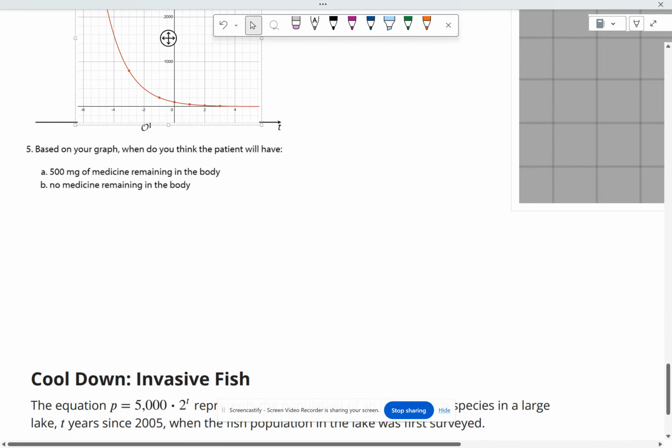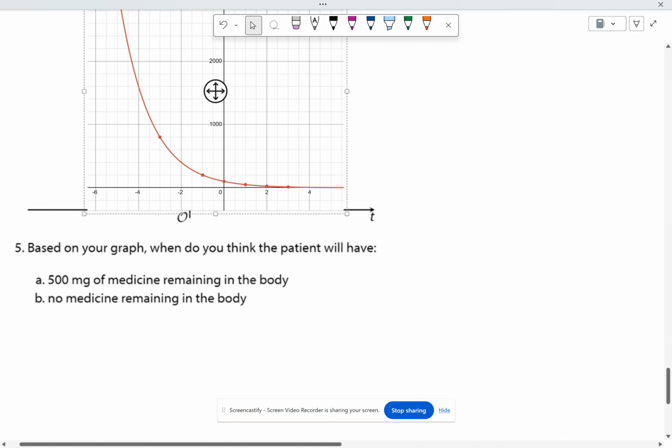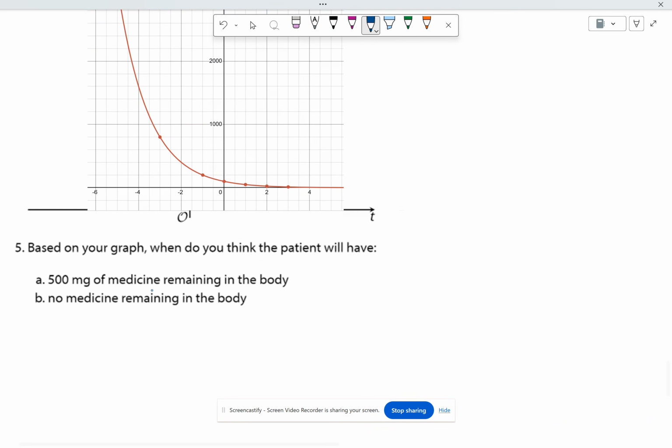So the kind of follow-up questions, based on our graph here: when do you think the patient will have 500 milligrams of medicine remaining in the body, and no medicine in the body? So as you kind of go further and further, it looks like there's no medicine right around after 4 hours. And if we want to know when there's 500, 1, 2, 3, 4, 5, so 1, 2. So right around here is 500.